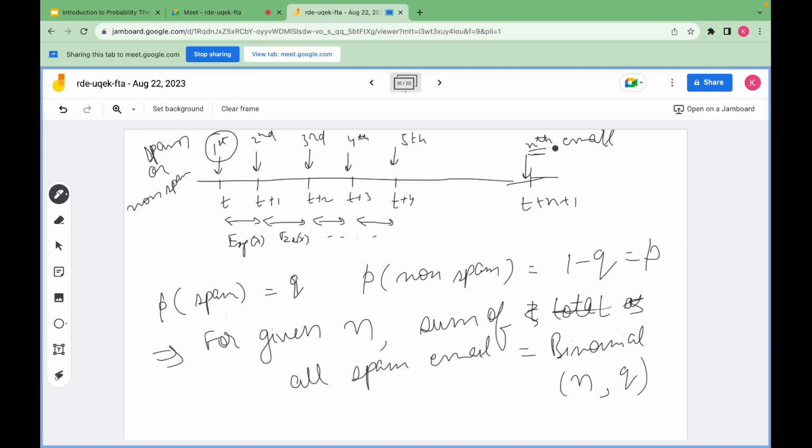So from these n emails, how many of them are spam emails? This will follow a binomial distribution with parameters n comma q.